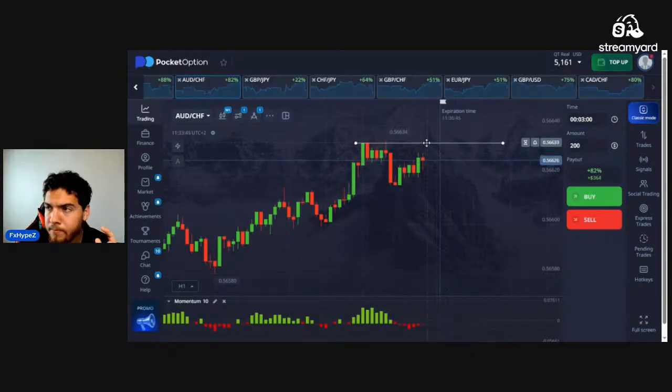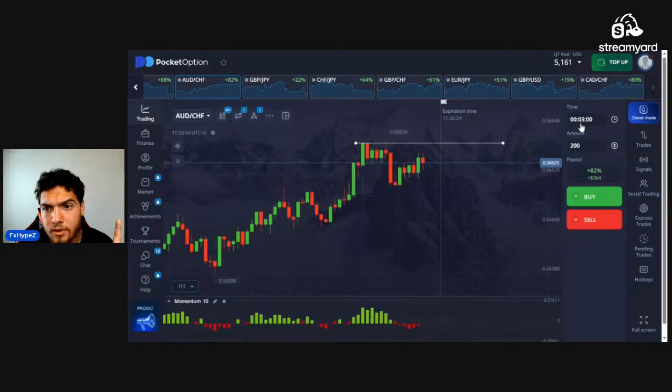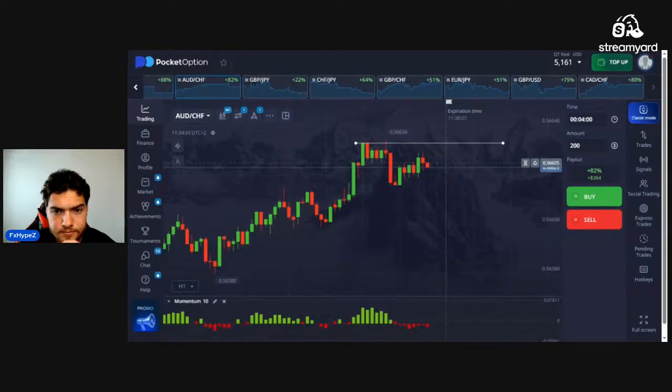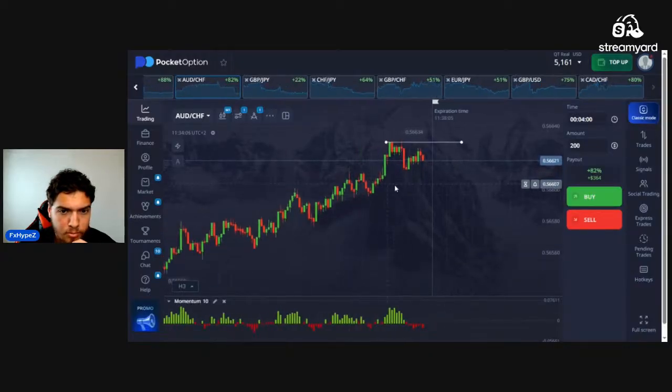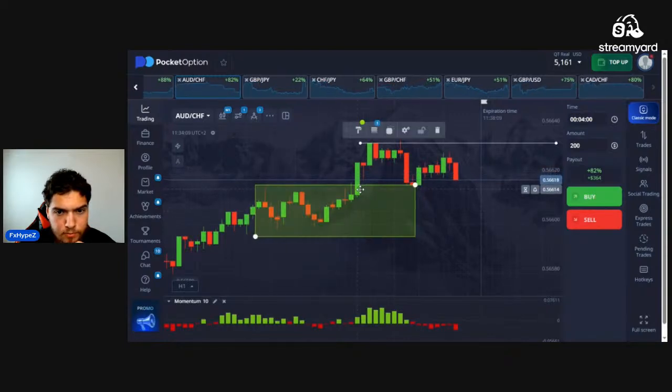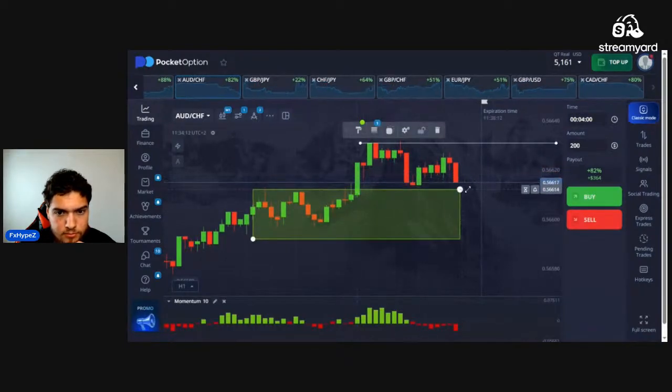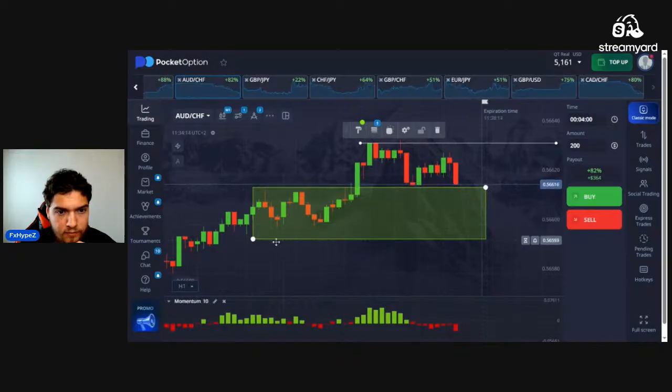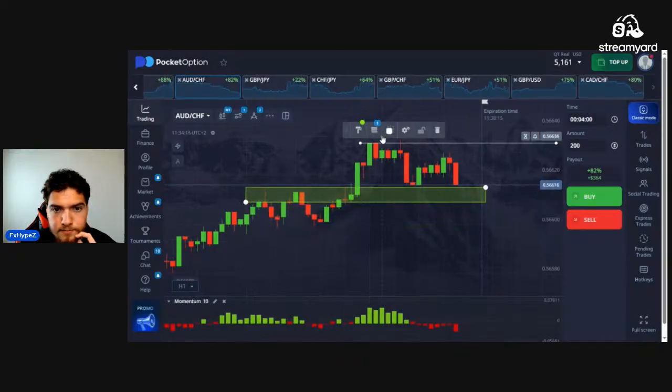And I'm thinking if we get a resistance break above 0.56633, I'll actually look for a 4-minute buy on odd CHF. It all depends on what price does, but out of interest's sake, we do have a support level down here.